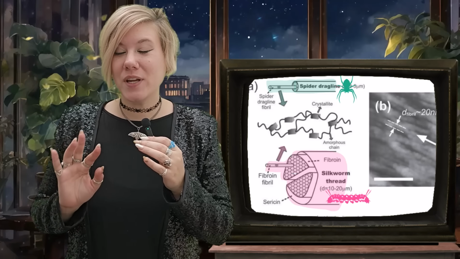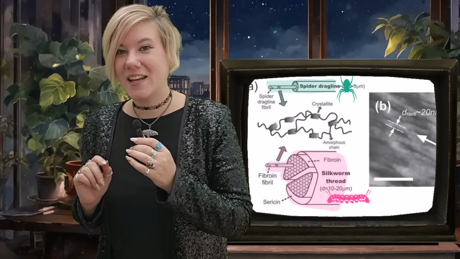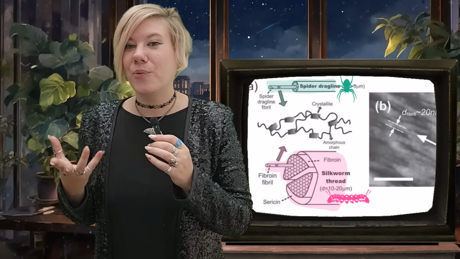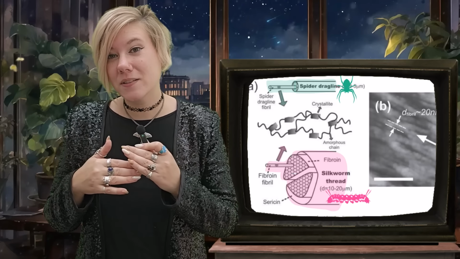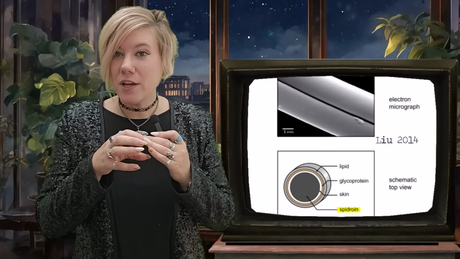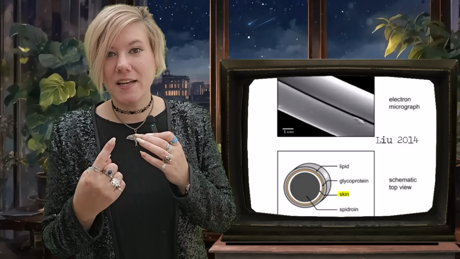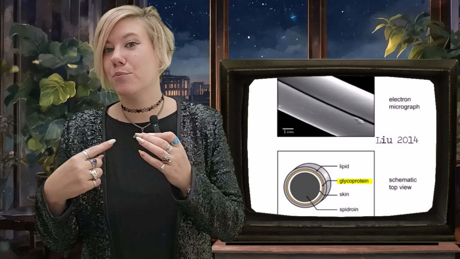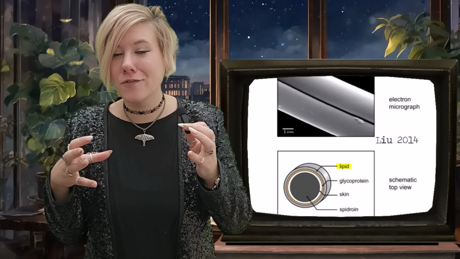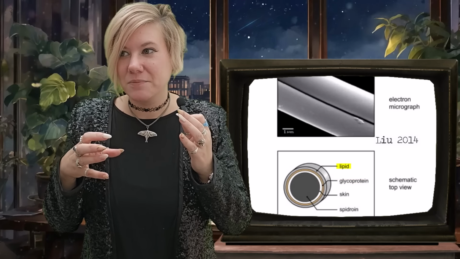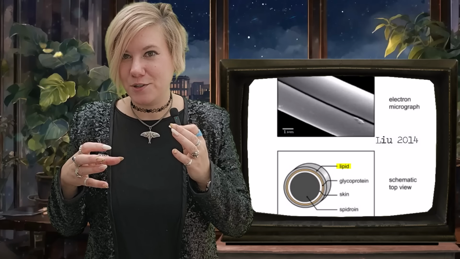The first is that we can see little differences in the architect's style when we look at the structure of silk. Spiders have spidroins. Those spidroins are bundled together. They are covered in a skin, and then they are covered in a protein sheath, and then they are covered in a fatter, bigger sheath, essentially.